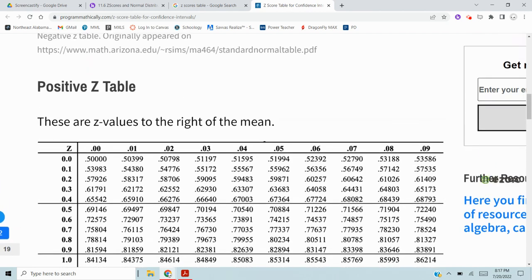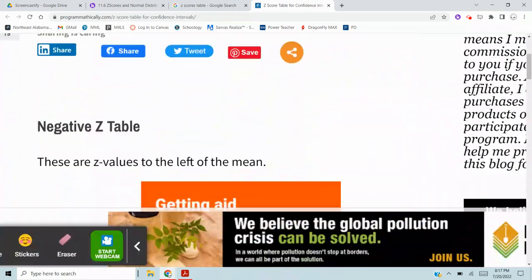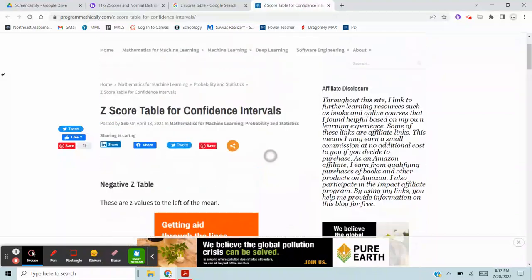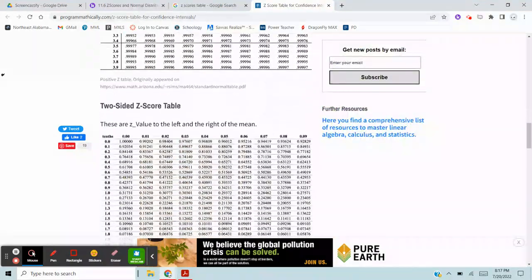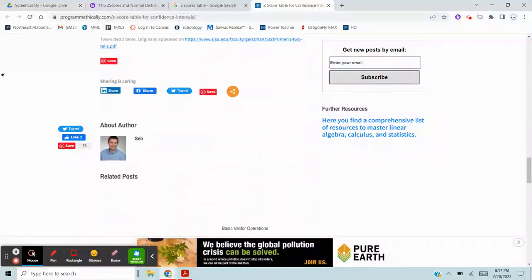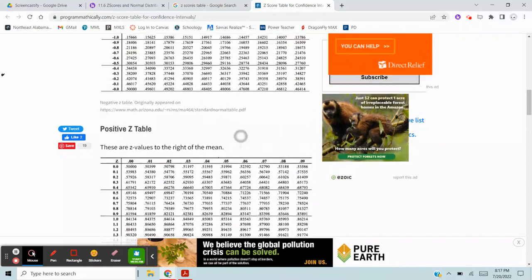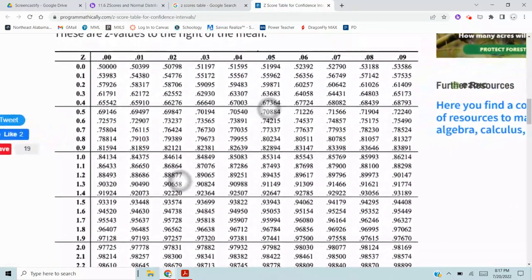What these z-score tables are simply telling us is the percent, given as a decimal, that is lower than this z-score.